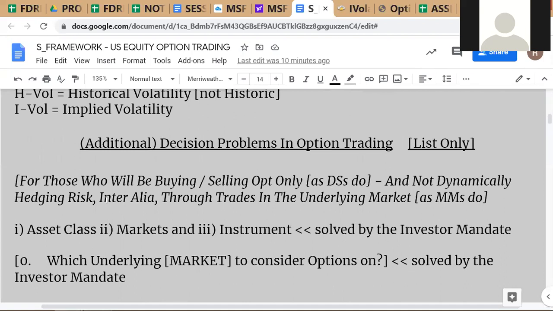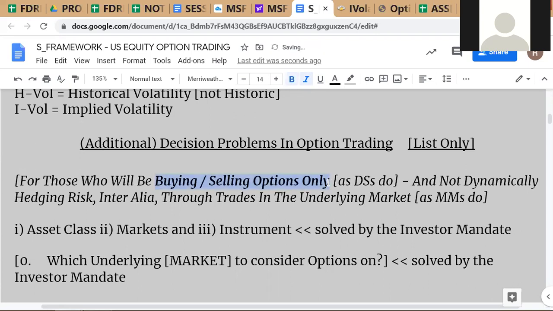Okay, so the other thing, we will come to this. When you are doing option trading, there are two approaches. Let's make this full. You have to understand this. This is what you guys are going to be doing in your project. We are going to train you to be trading like this as directional speculators in option prices.